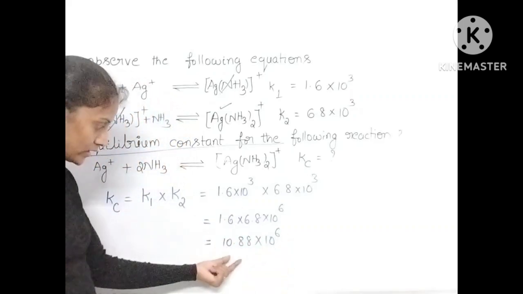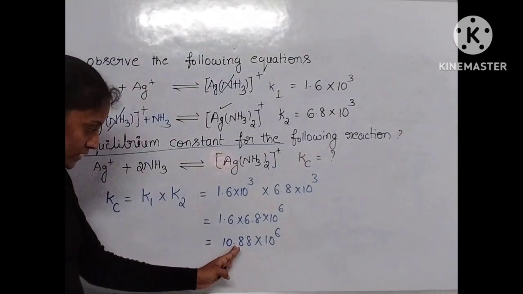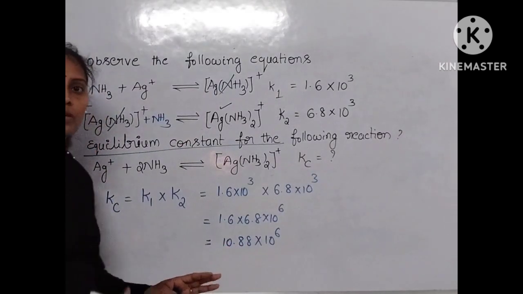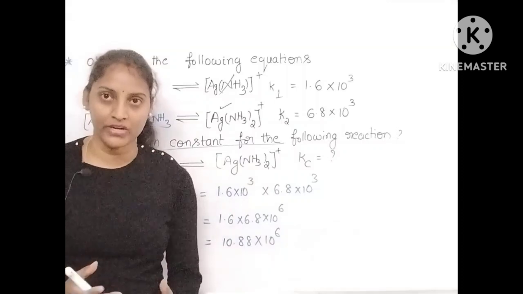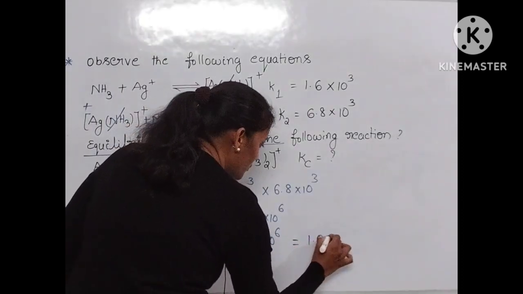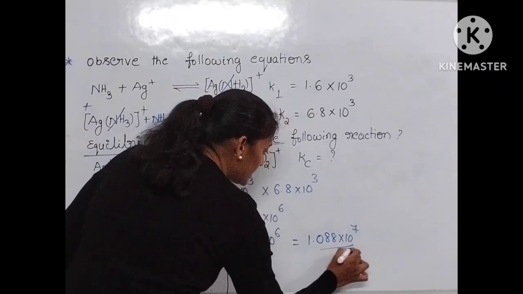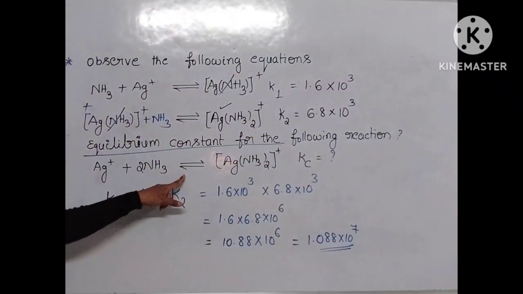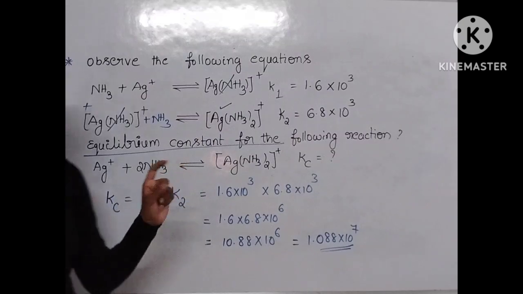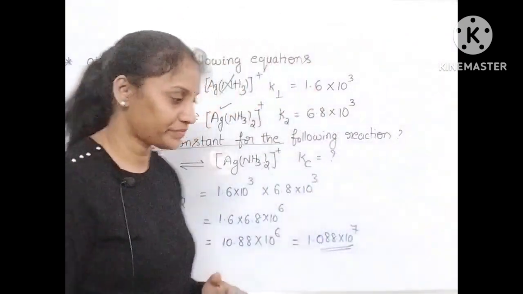So I want to reduce this decimal, I want to move this decimal to the left side. So then I will multiply with 10 and divide with 10. So then I will get 1.088 into 10 power 7. This is the equilibrium constant for the resultant equation. This is one of the most important questions mentioned in previous year papers.